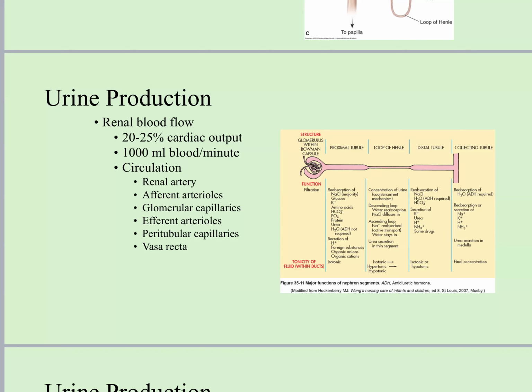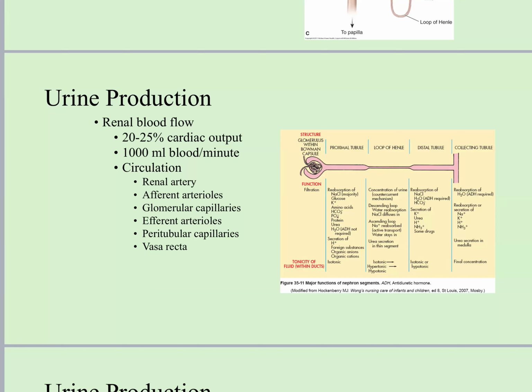That is when the blood pressure forces plasma into the Bowman's capsule, and that forms filtrate. So this is dependent on adequate blood flow and blood pressure. One of the dangers of having really low blood pressure is that your kidneys are not going to get perfused.